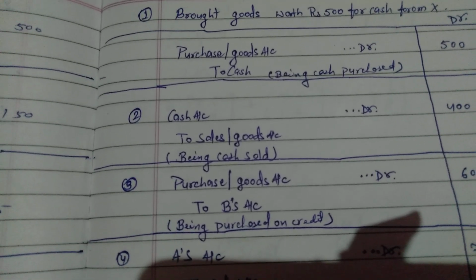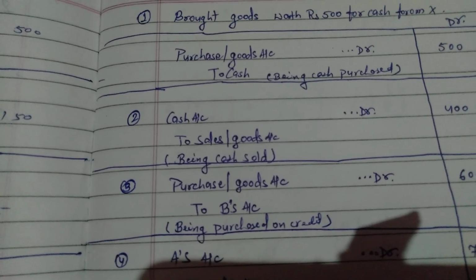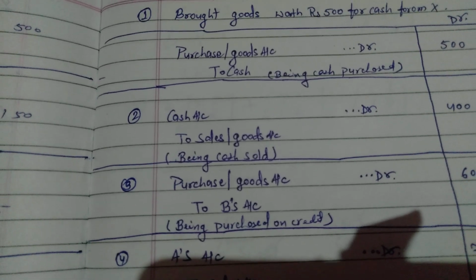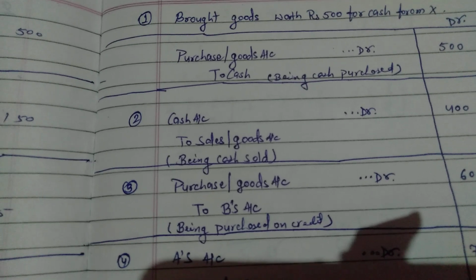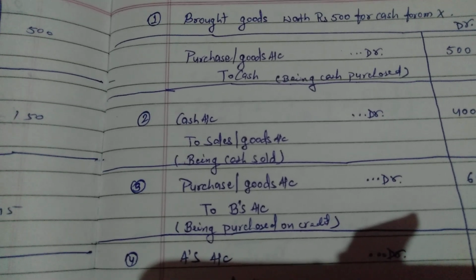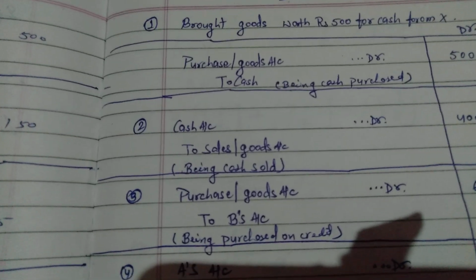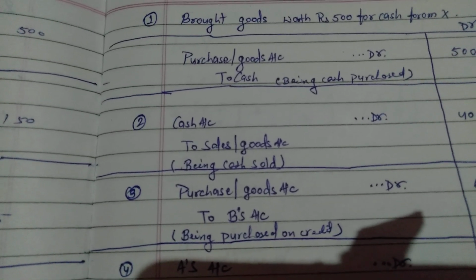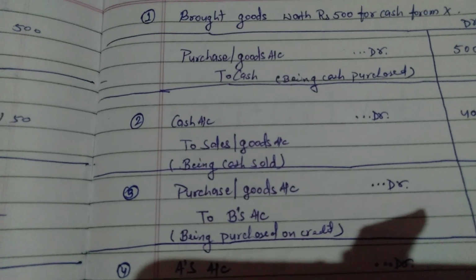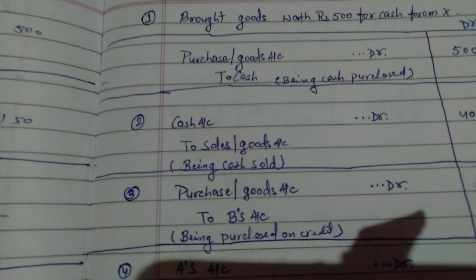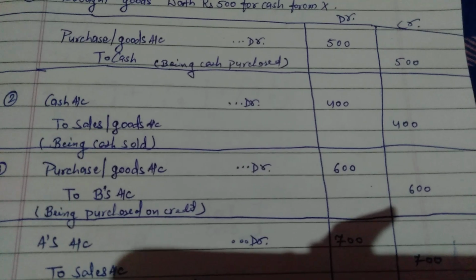So we have to say B account, because B is the giver. The double entry golden rule says debit the receiver, credit the giver. So the second item I did in credit. Amount is 600.